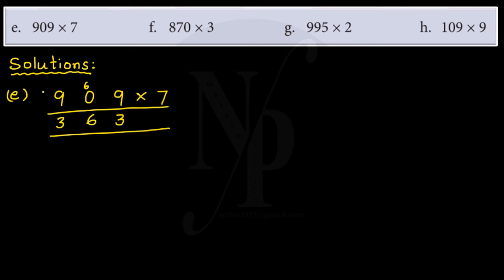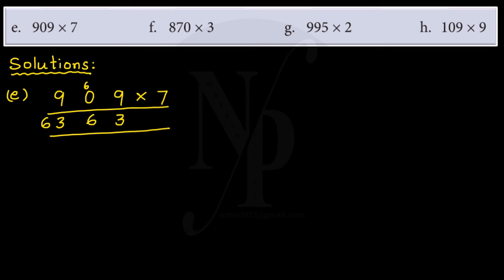Here we don't have any digit at the thousands place, so it will be written just in the thousands place in the answer or in the product. Therefore 6363 is the product of 909 and 7, or we may say 909 into 7 is equal to 6363.